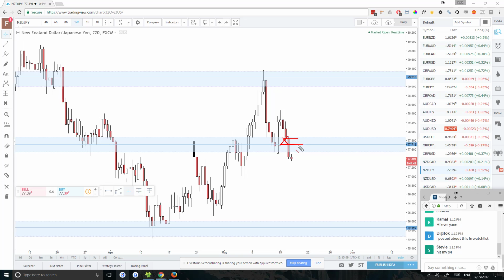I mean, if you were looking for an early exit, that is. Yeah, it's unfortunate how fast it moved. This candle moved quite quickly, so it's no surprise that it hit stop losses.